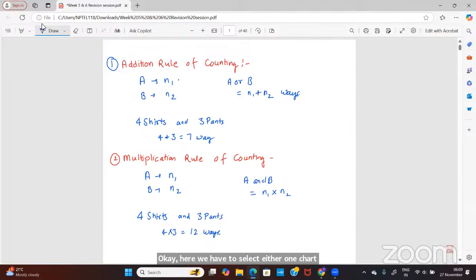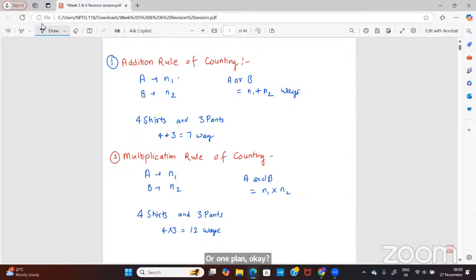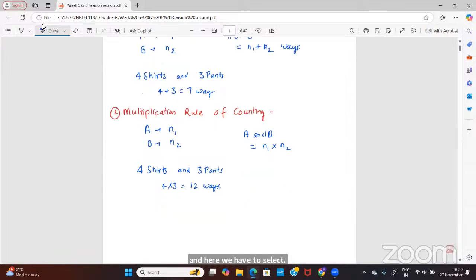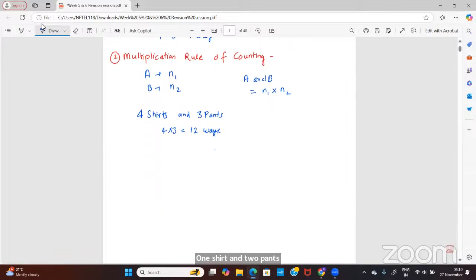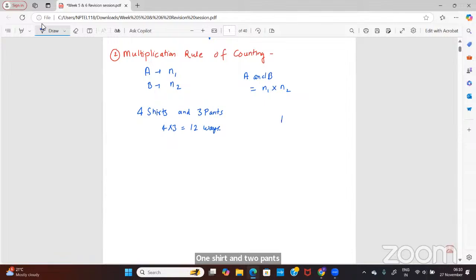Ma'am, here I'm asking, we have to select one shirt and two pants. If we select, then how? One shirt and two pants. Okay, yeah, so that we will also study in combination. So we have to select one shirt. Okay, that will be 4C1, and we have to select two pants. So 3C2 it will be. Yeah, so combination we will study further. Okay, understood. So this is the multiplication and addition rule of counting.